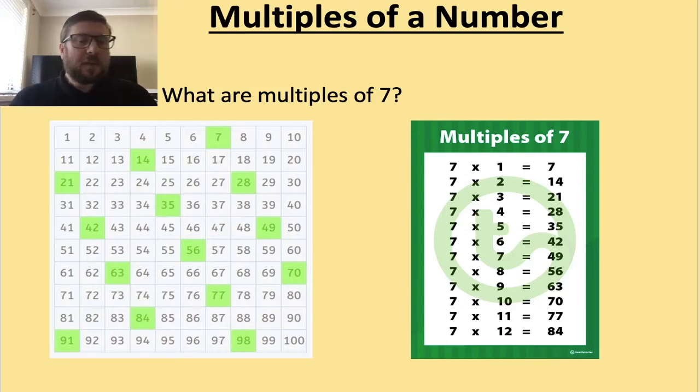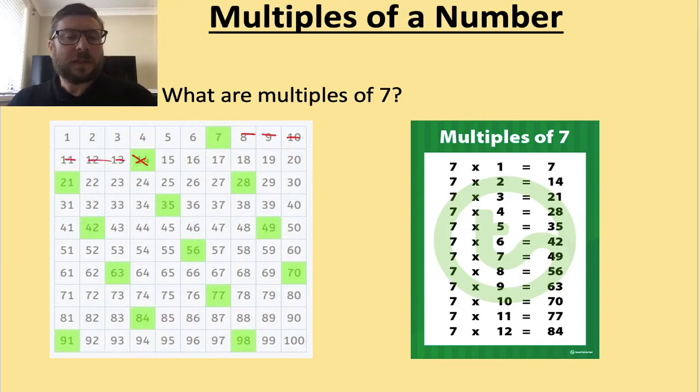But another way to do it is if you've got a hundreds chart. So if you have a look at our hundreds chart on the left-hand side, we can see that we've coloured in the first multiple of 7, so that's 7. Then we can count 7 on from there. So we can count from our 7, 1, 2, 3, 4, 5, 6, 7. And that's 14.